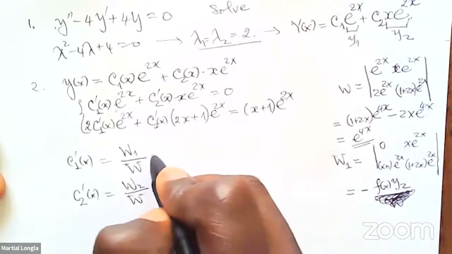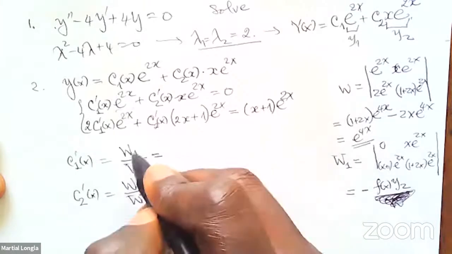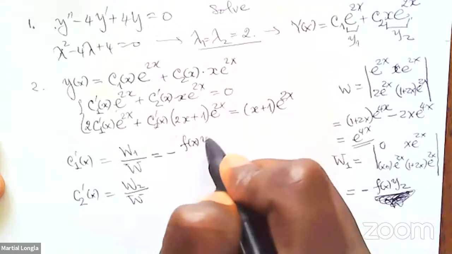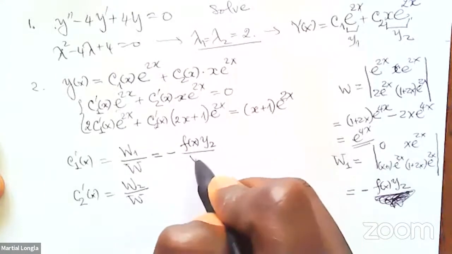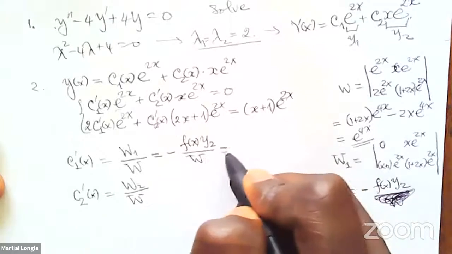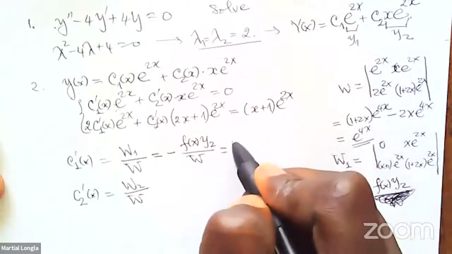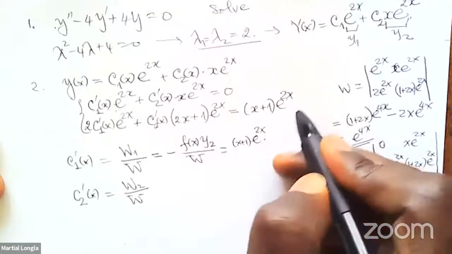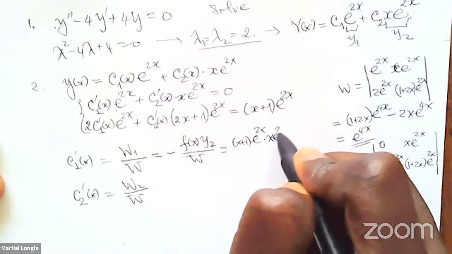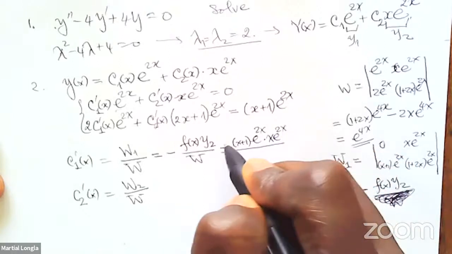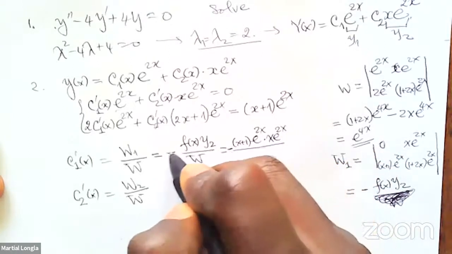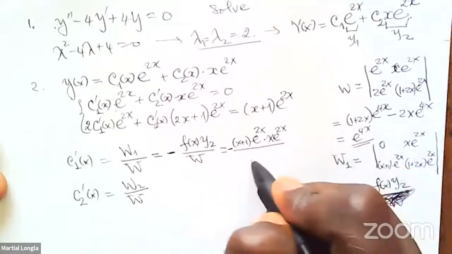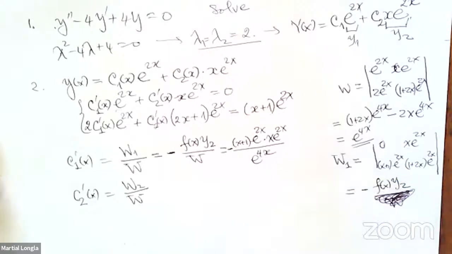So that's why W1 is also given as negative f of x y2 over W. And your f of x is given, that's (x plus 1) e to the 2x times y2, which is x e to the 2x, with the minus sign for this, divided by W, and W is e to the 4x.